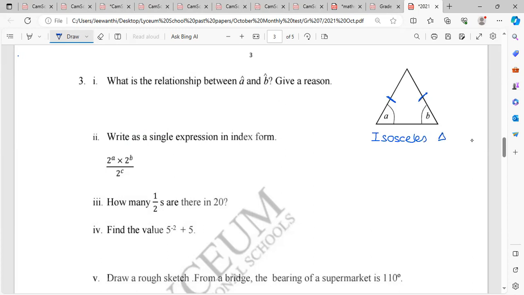And in an isosceles triangle, we know these angles are equal to each other. So what is the relationship between A and B? The relationship between A and B is angle A is equal to angle B because it is an isosceles triangle. They give the reason here: this is an isosceles triangle.